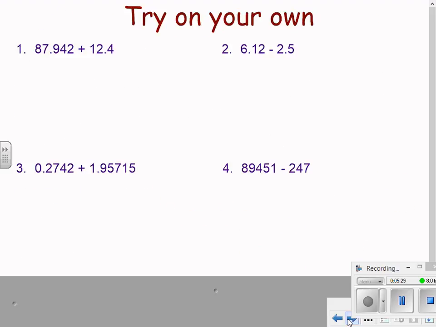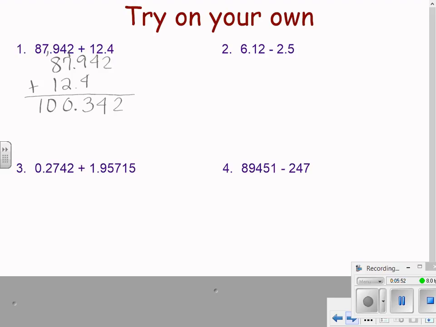So let's try another example. We're going to line up 87.942 plus 12.4. So I have 2, 4, 13, carry a 1, 0, and then I have 100.